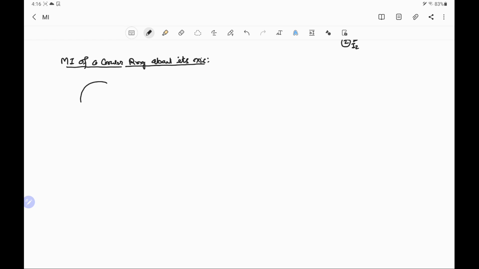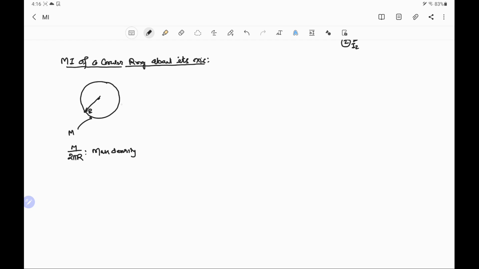Suppose this is the ring, and in the ring mass is distributed along the circumference. Its radius is suppose r, and it has the mass m. So we can write m upon 2 pi r. This is the mass density. That means mass distributed along the length, that is mass per unit length.